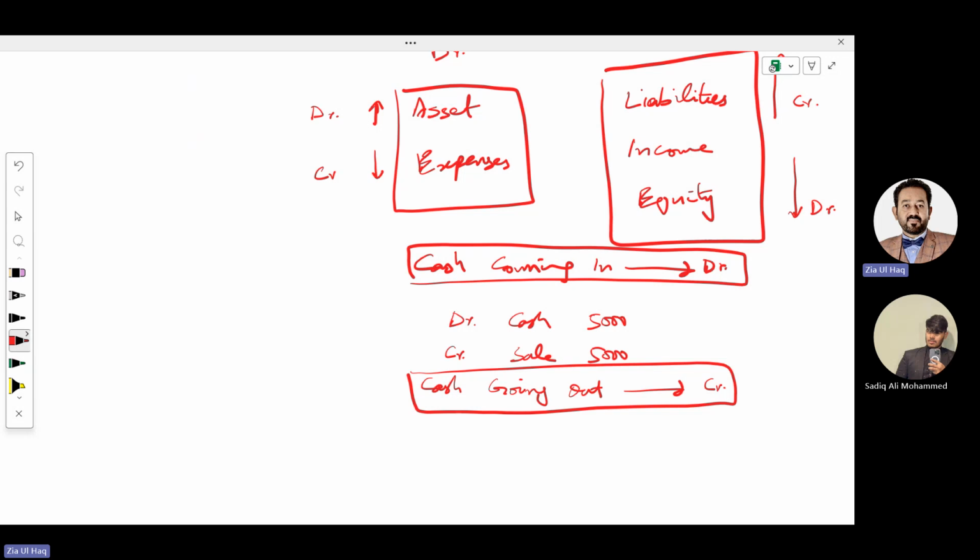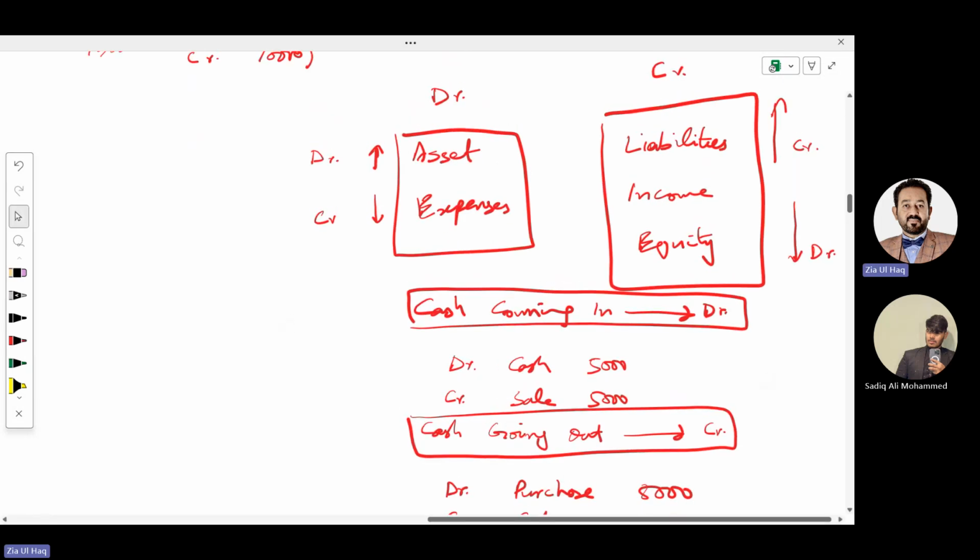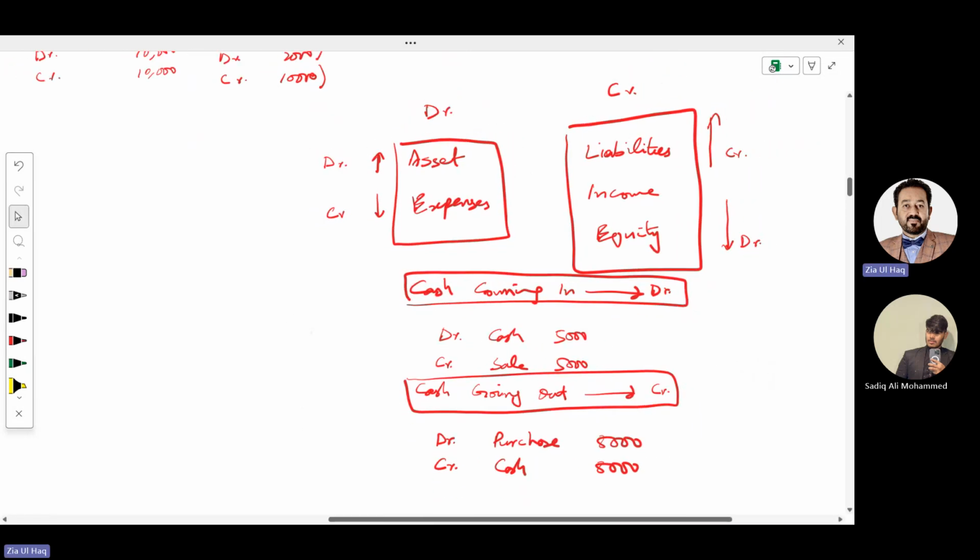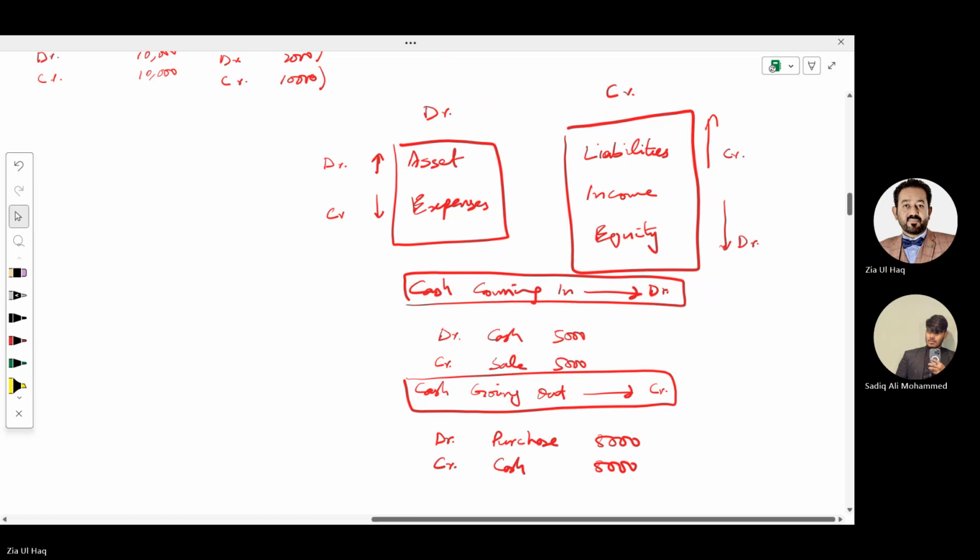We will record cash on the credit side with 8,000, and the balance will go to purchases. We need to remember these two things for the accounting process.